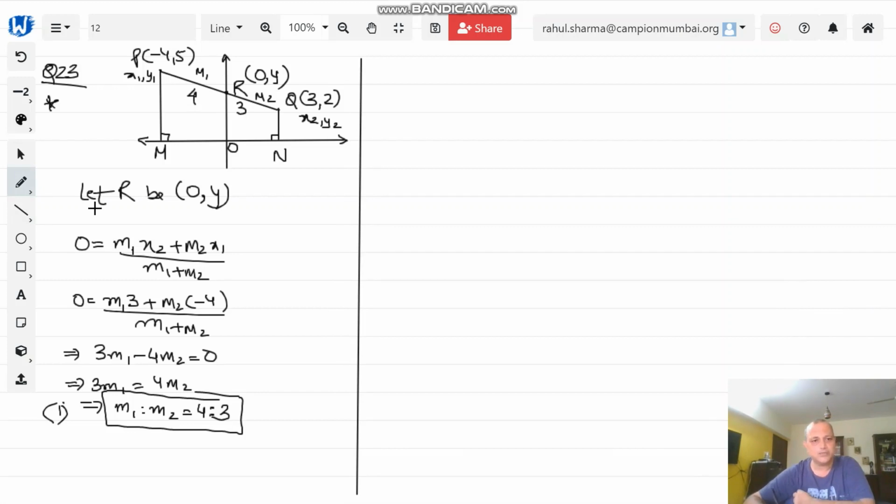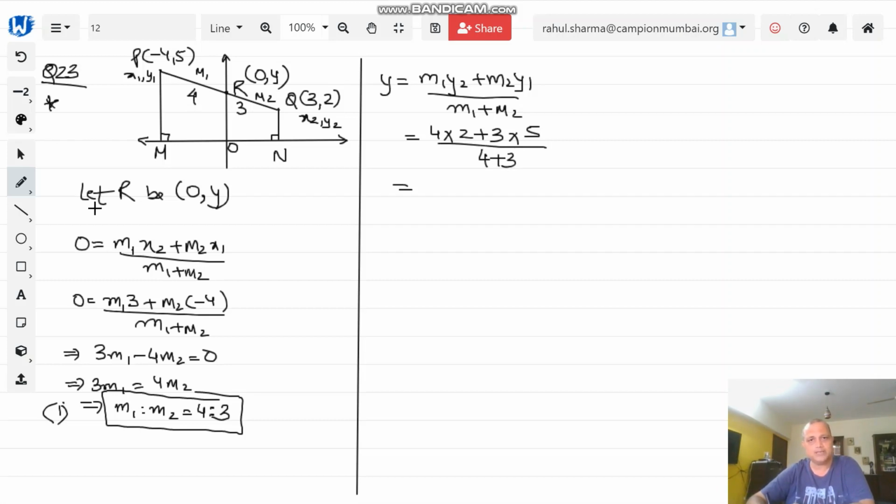So now let's substitute m1 and m2 in the formula, which is y equal to (m1 y2 plus m2 y1) upon (m1 plus m2). Let's substitute. m1 is 4, y2 is 2, m2 is 3, and y1 is 5, upon 4 plus 3.